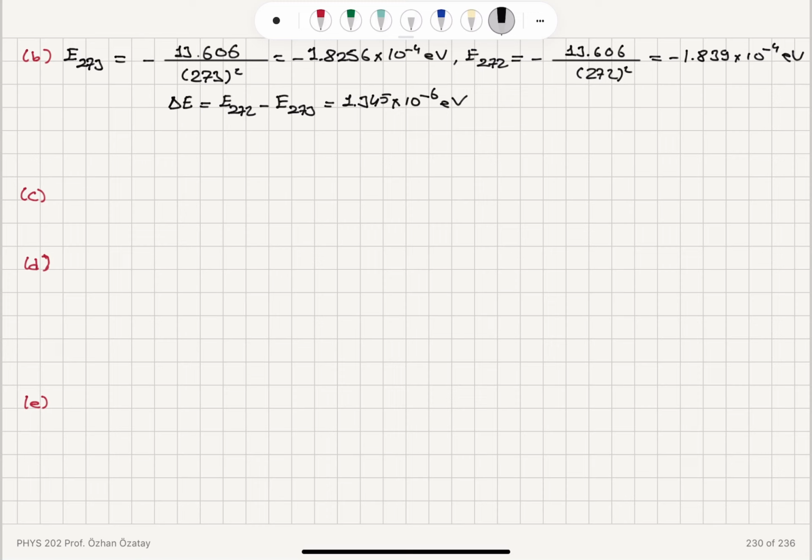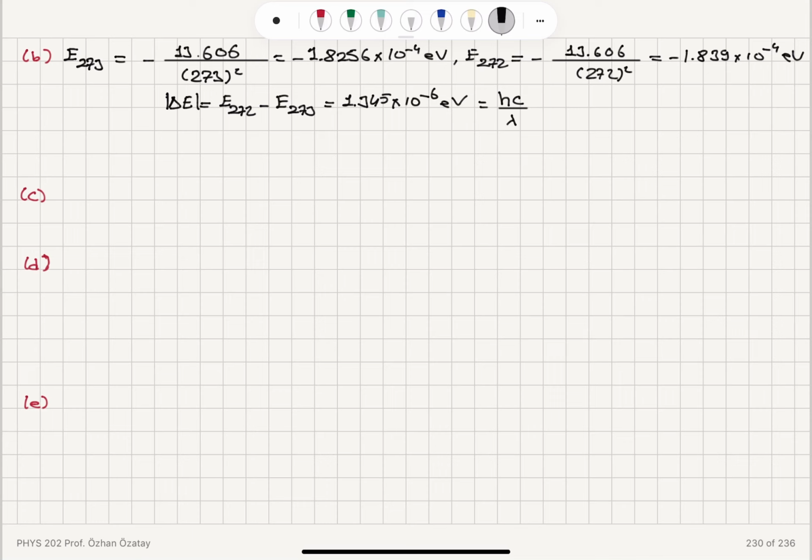So that's going to be the energy of the photon emitted, which is hc over lambda. The 272 level is more energetic, so the absolute value of delta E will give us the energy of the photon emitted.